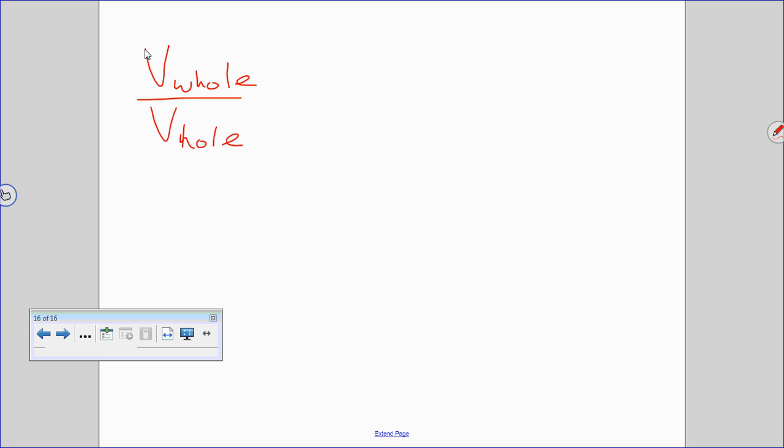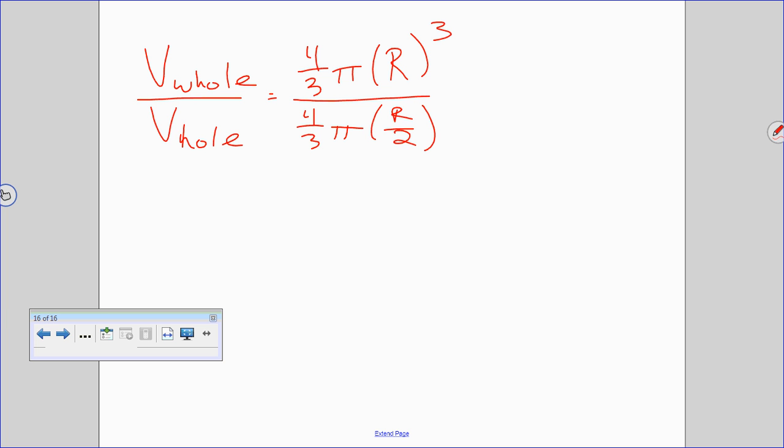There's no way we can get confused by this. All right, so this is 4/3 pi times capital R cubed, right? And this is 4/3 pi times R over 2 cubed, right? Follow? So what do you get? Everything cancels except for a 1/8, and you get 8.